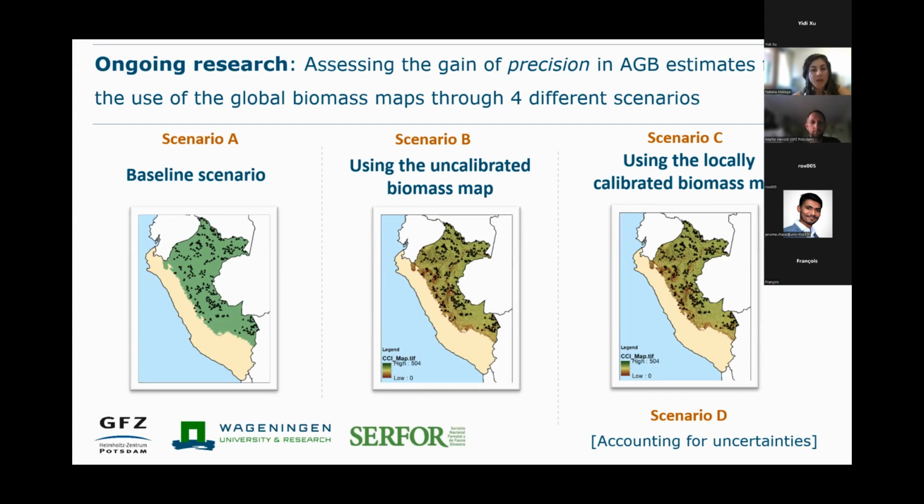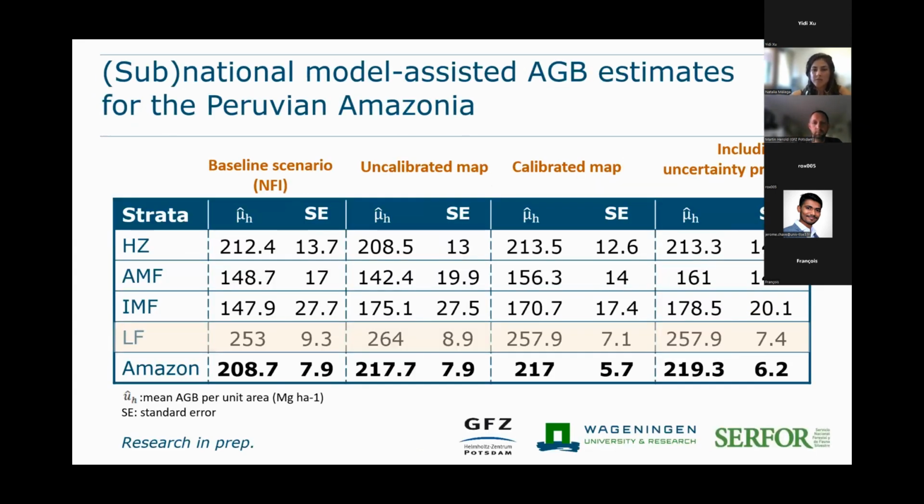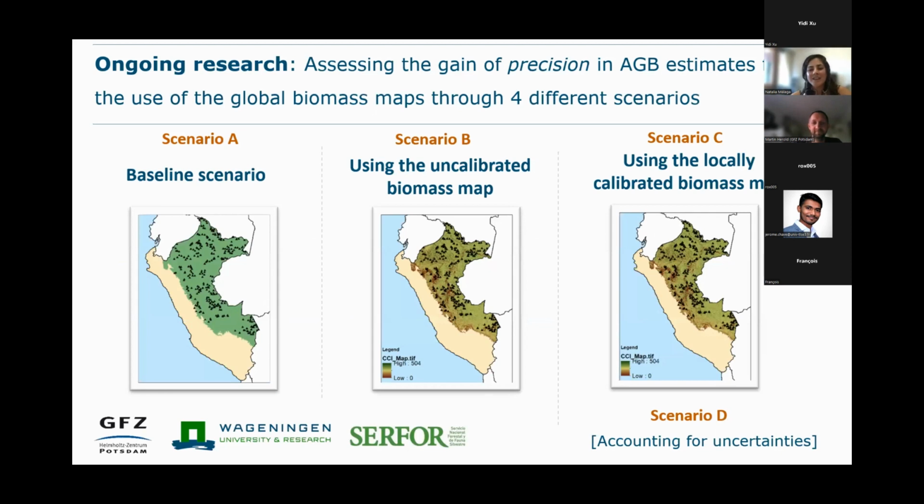In scenario B, we use it as provided online, whereas in scenarios C and D, we additionally locally calibrated that product to Peru using the National Forest Inventory data as reference data. And in scenario D, additionally, we accounted for 3 sources of uncertainty that come from the integration of this global product with the National Forest Inventory data.